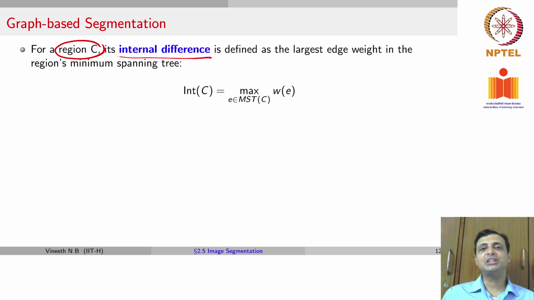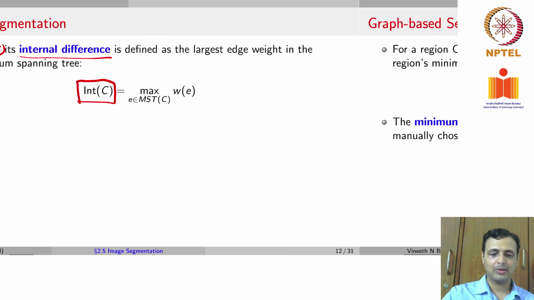Now you take the largest edge weight in the minimum spanning tree and define that as the internal difference. To some extent, that's the largest edge weight in that region. It's just a simplified way of saying that. That's one quantity we're going to define.